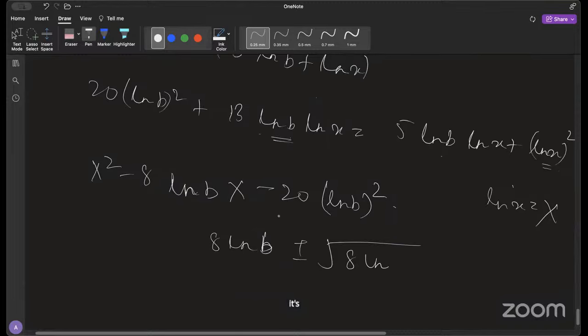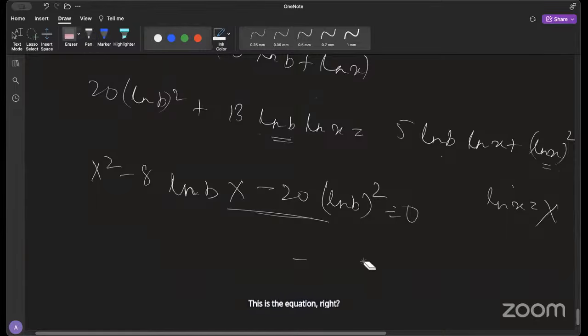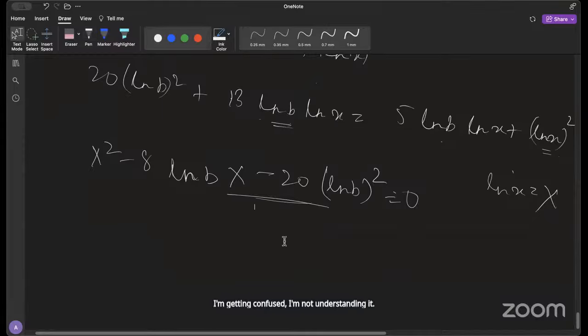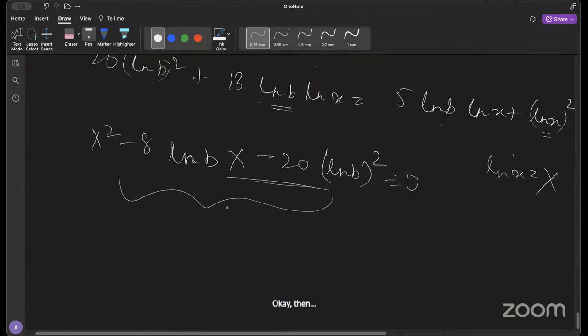So the middle part will be split into minus 10 plus 2. This is the equation, right? It will be X minus 10 ln b into X plus 2 ln b. Those will be your factors. I was using the quadratic formula. So you can still split it, ma'am.